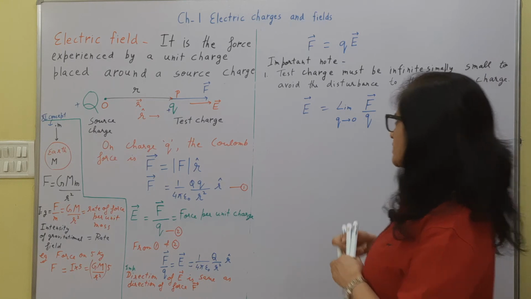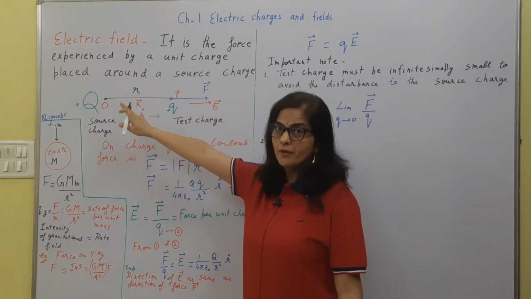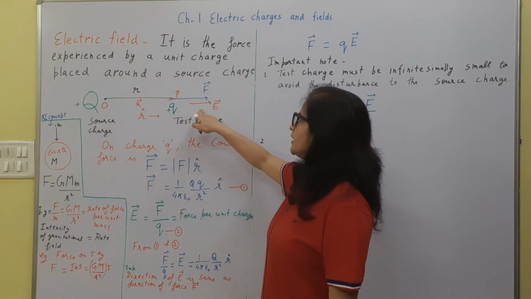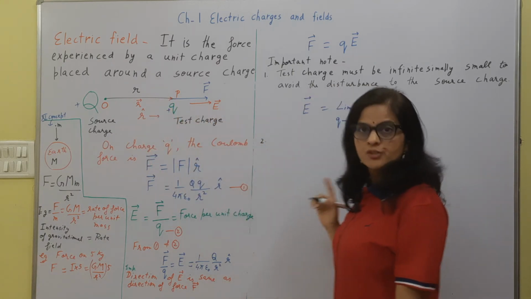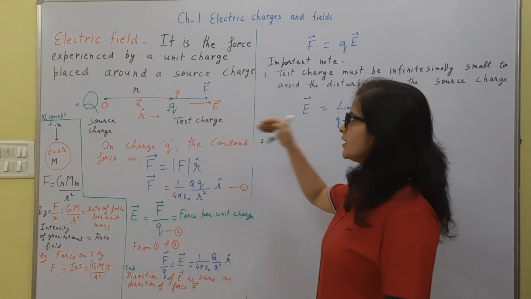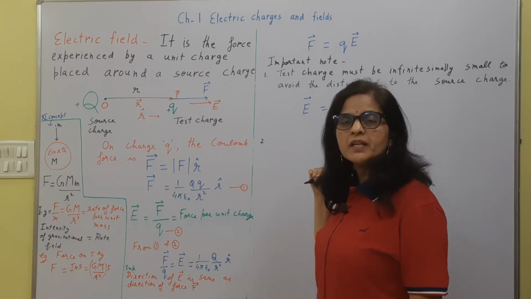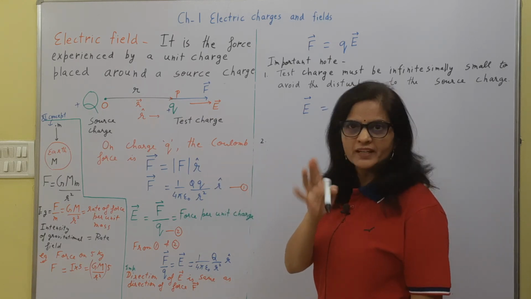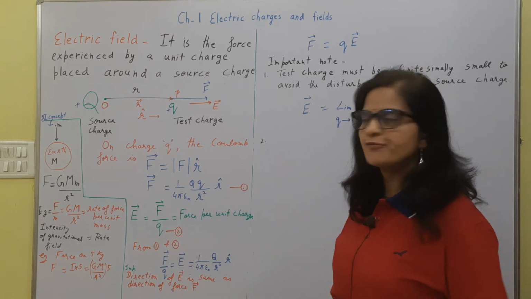Second important point is that for positive source charge, the electric field is away from the source charge, and in case this source charge would have been negative, the electric field will be towards the negative source charge, because there will be attractive force.